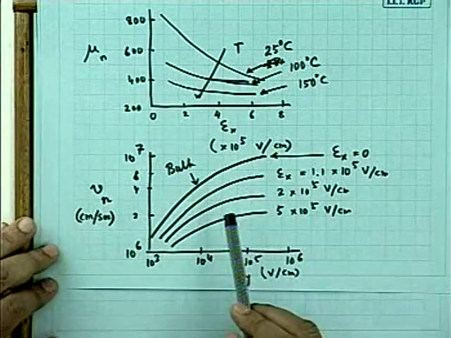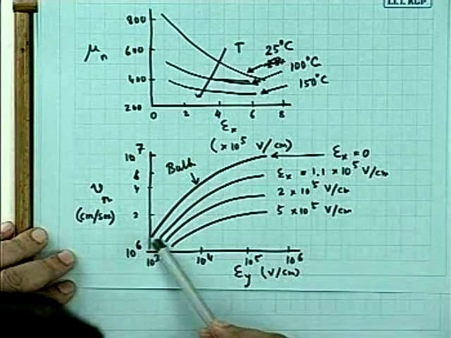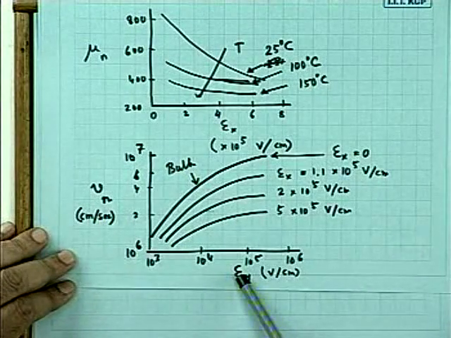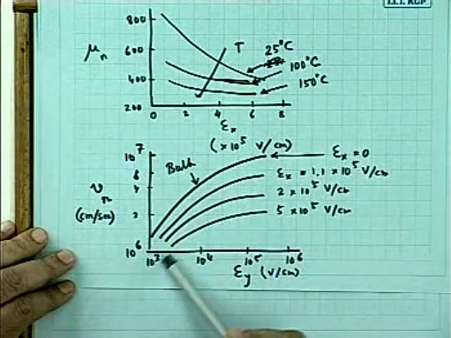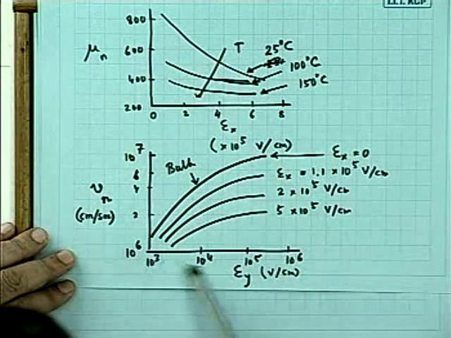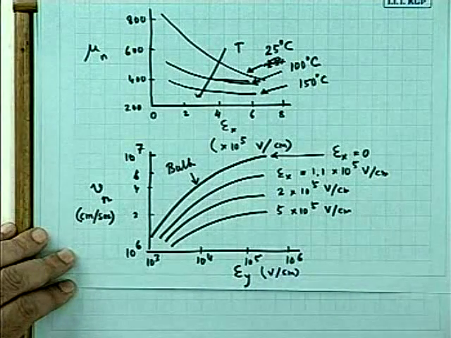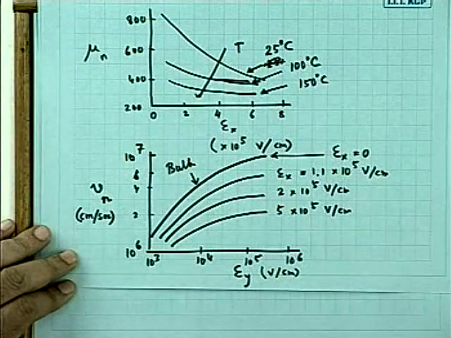This is a very important effect. In fact, the velocity is proportional to the electric field only at low fields, and that proportionality constant is mu n. But with increasing value of Ey, there is a velocity saturation, a typical hot carrier effect.